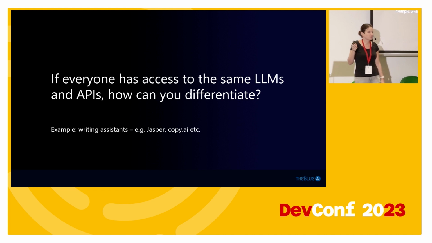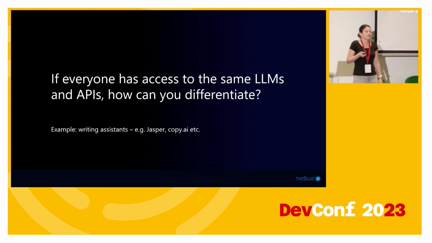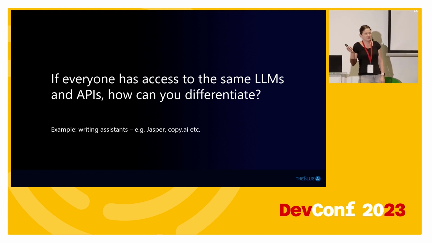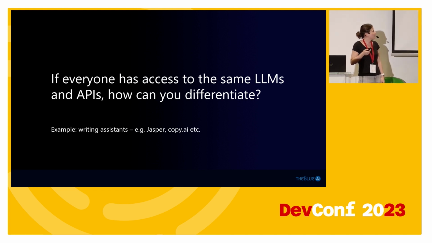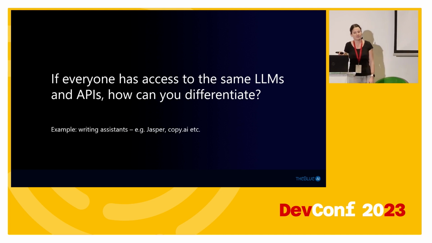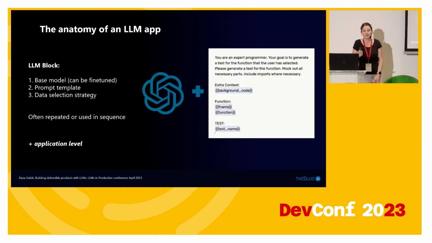Like you want to write a blog post or whatever different text, you can use Jasper, Copy AI, and different ones. And it turned out that in April, all of them were using GPT-3. So it was not the competitive edge that they were using. But somehow some of them got completely no funding, some of them got millions, and Jasper got even hundreds of millions of funding just to develop their product, even though technically they were using the same things.